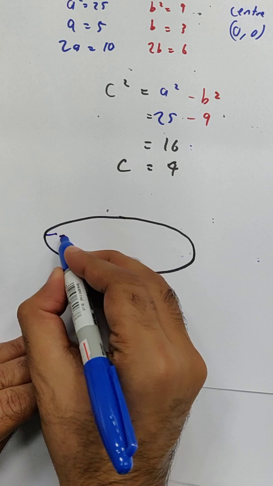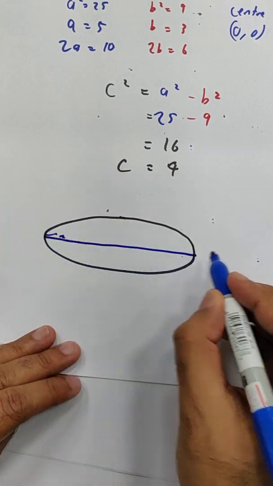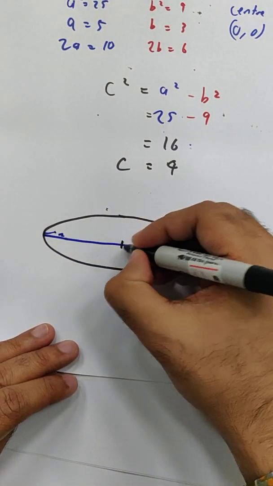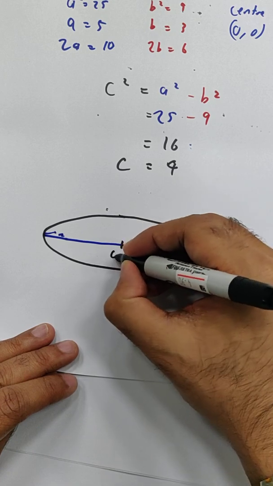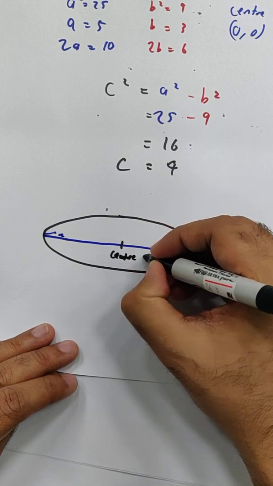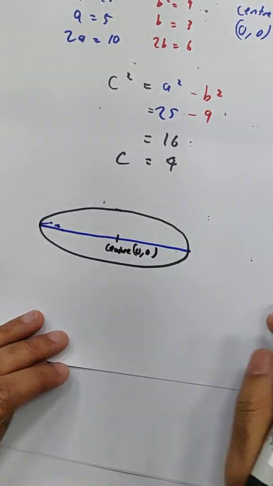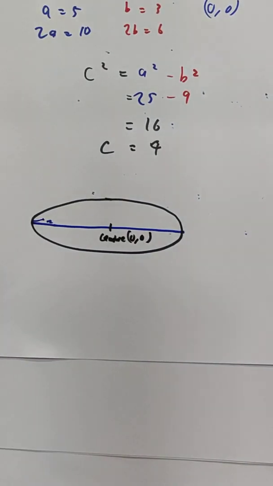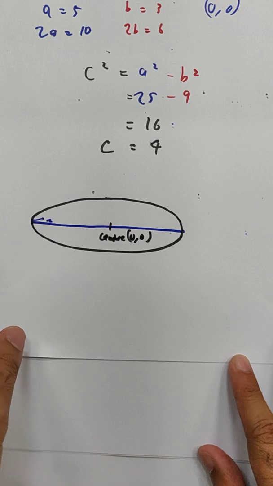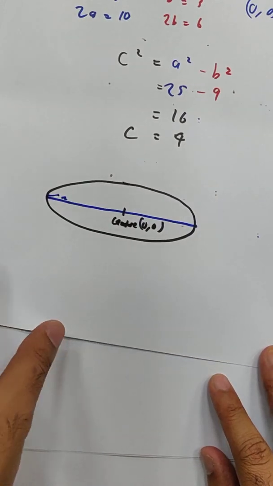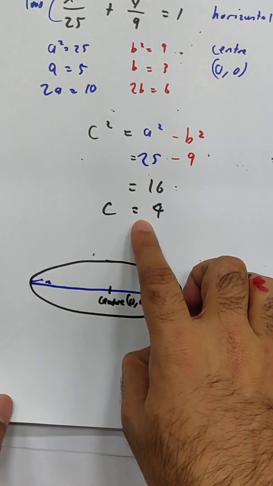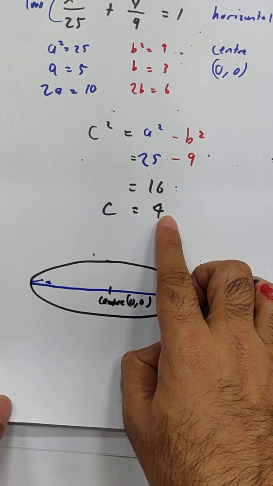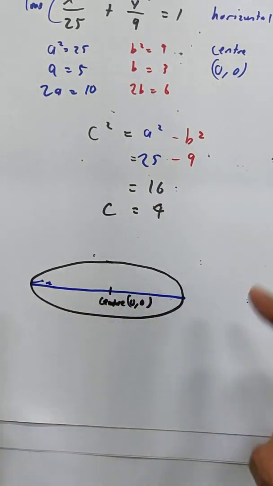Let's call this your major vertex. What other information should we write? Well, I like to find the vertex. Where is the vertex? The distance is 4, right? The vertex is on horizontal or vertical?